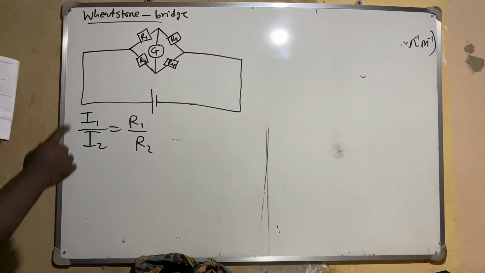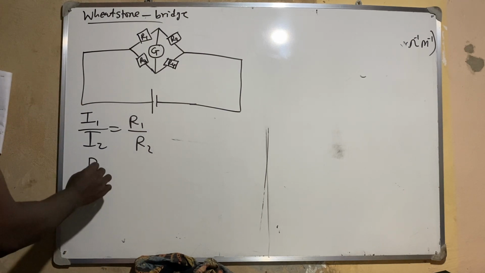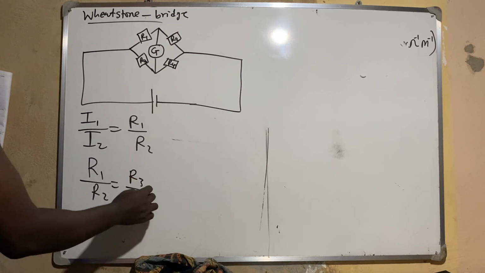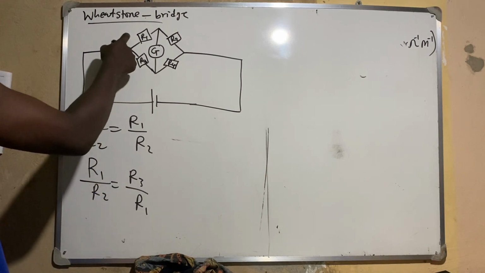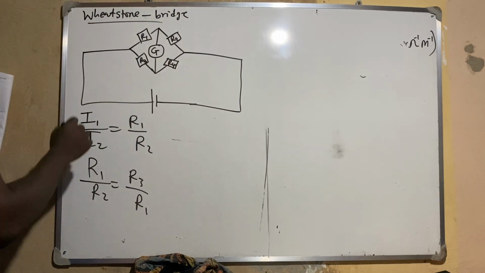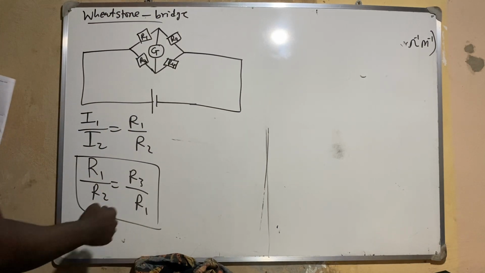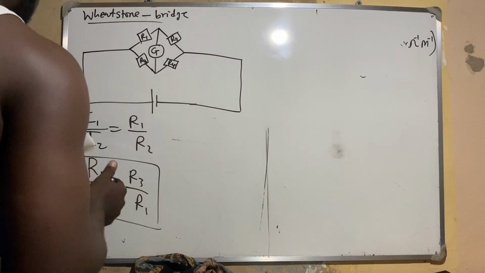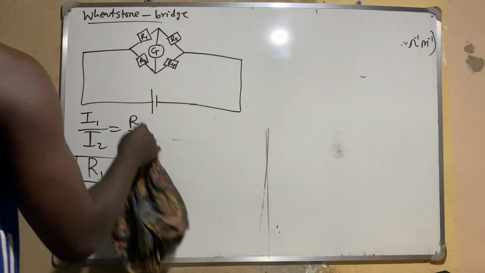So in this type, we now have that R1 over R2 is equal to R3 over R4. So this over this is equal to this over this. So that is how to get this one. This formula is very, very important and will help us in calculation. So let us just solve one calculation that is involving this.